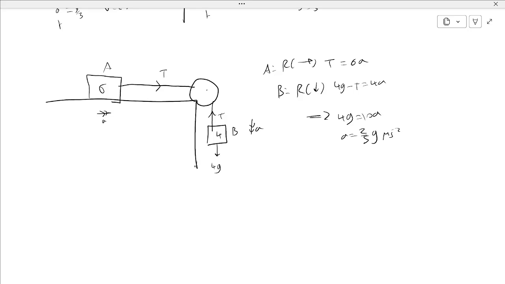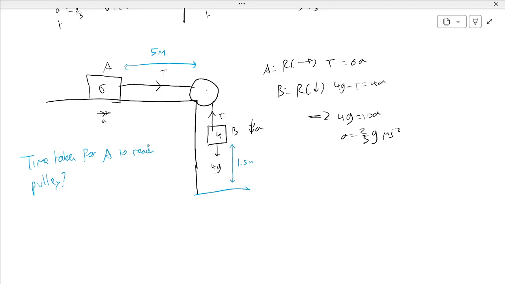So this question is going to be slightly different. I'm going to say that B lies 1.5 meters above the ground. A lies 5 meters away from the pulley. And I'm going to ask the time taken for A to reach the pulley.